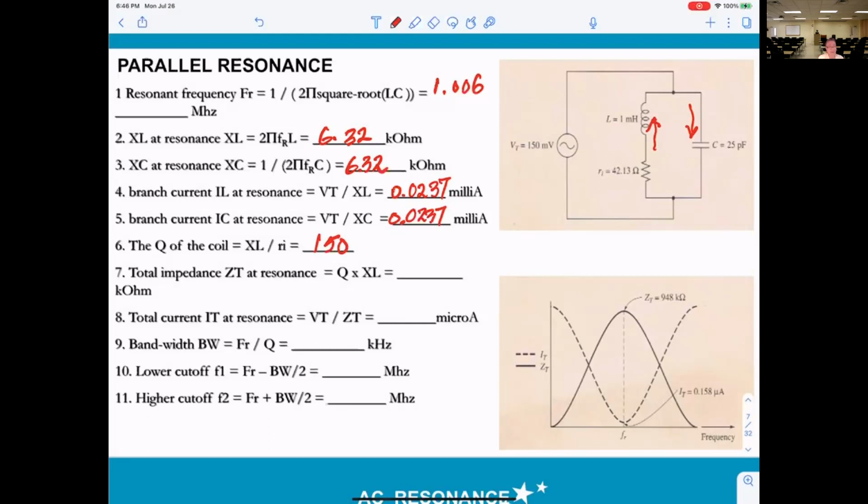Q times IL. 948 kilo ohms. Perfect. 948.